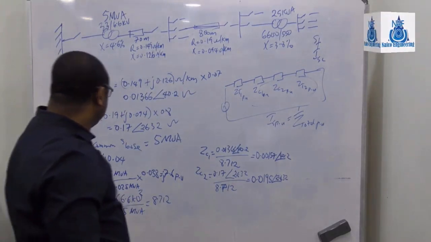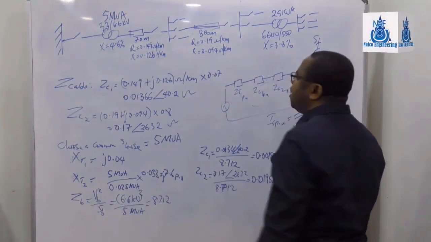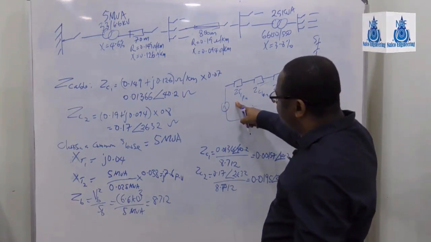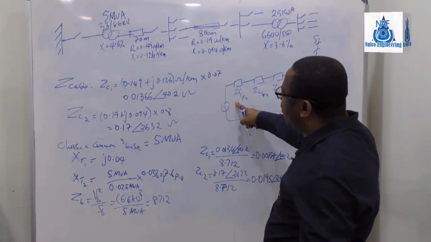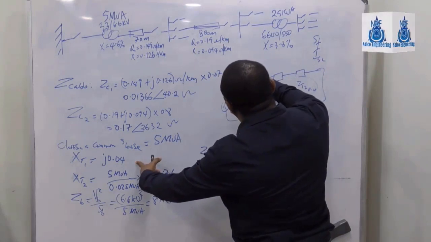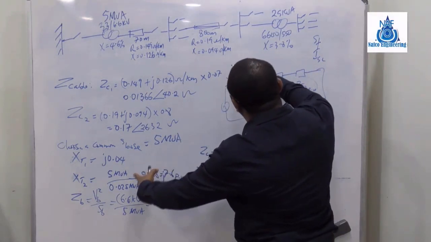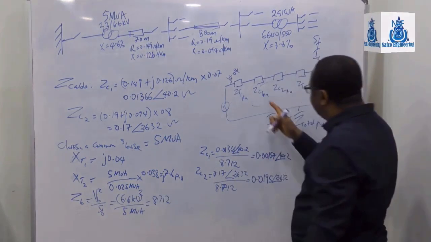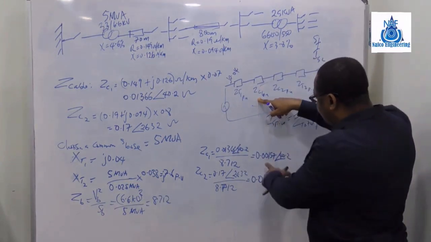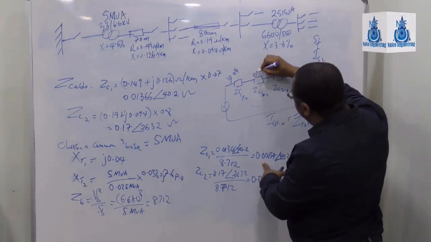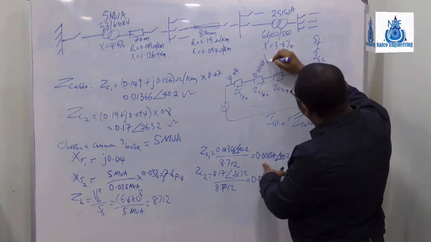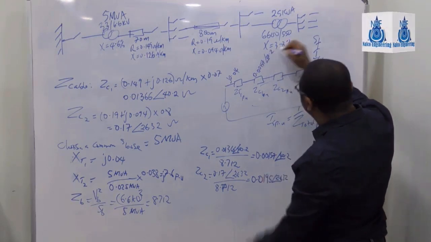Let's put all the impedances. The X of transformer 1 we got to be J0.04, and the Z of cable 1 we got to be 0.00157 with an angle of 40.2.